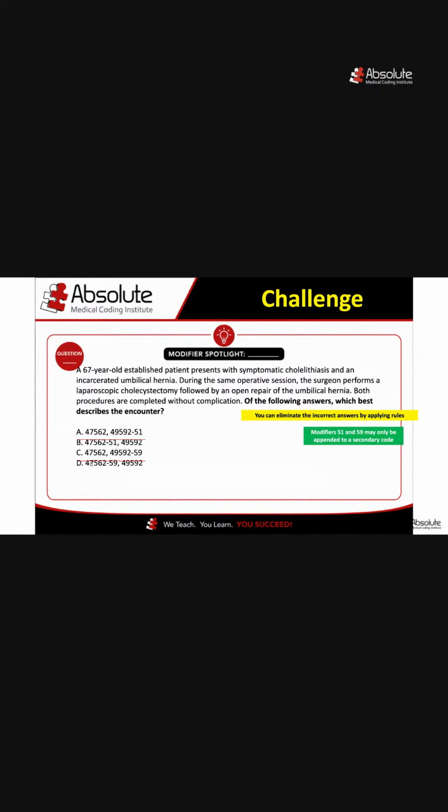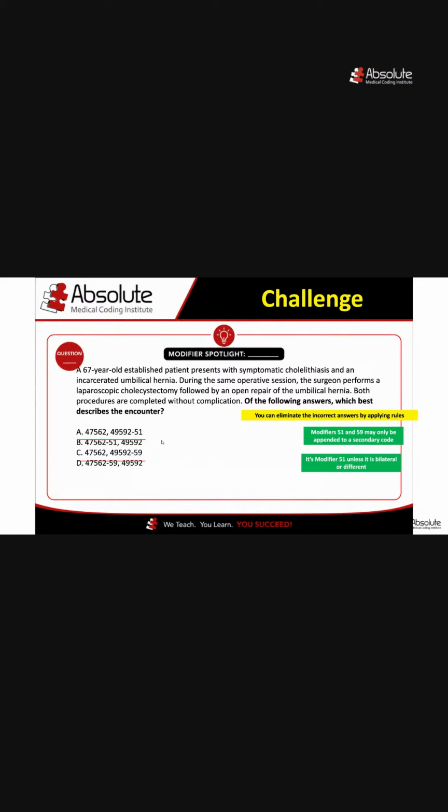If you only have one, the first one is never going to be a multiple procedure. Hopefully that makes sense. So we eliminated B and D because that is the rule, and that leaves us with A and C. A has a modifier 51 and C has 59. The rule is it's always modifier 51 unless it's bilateral or something different.